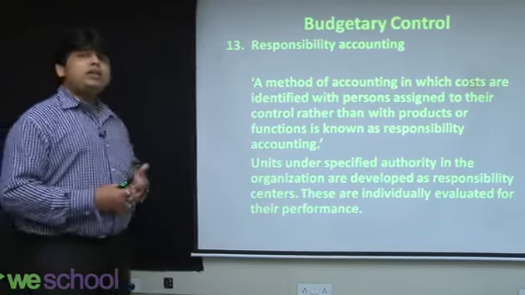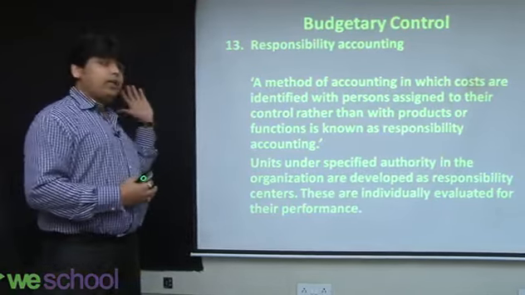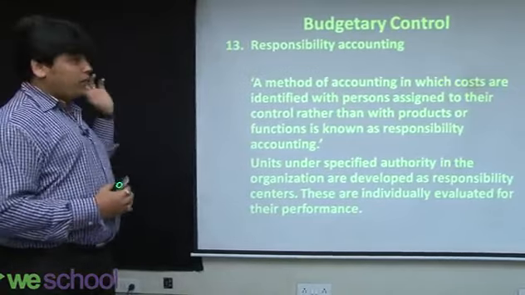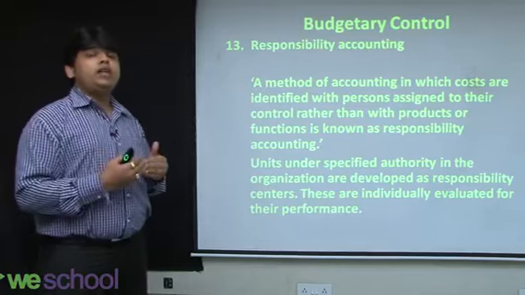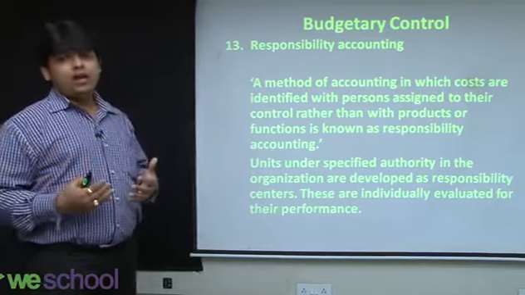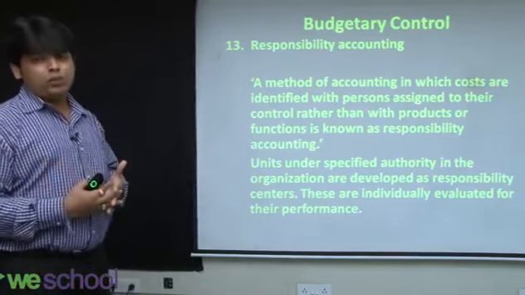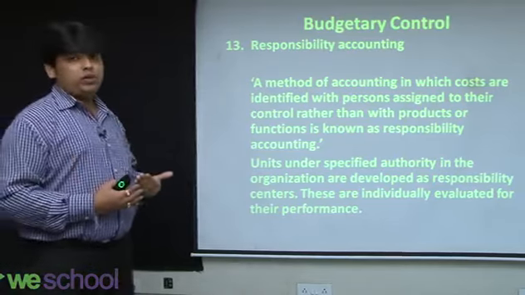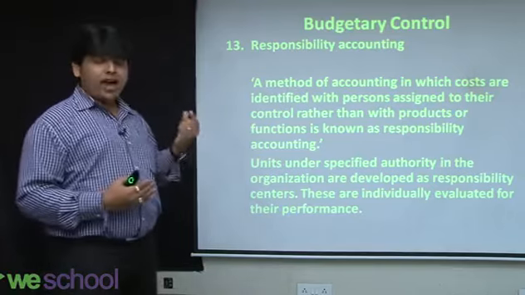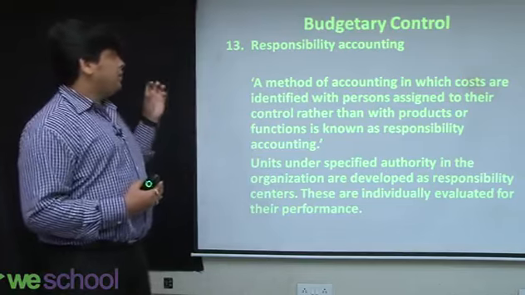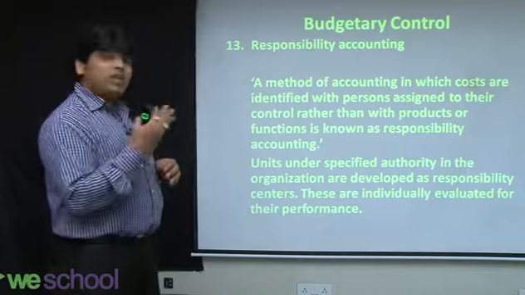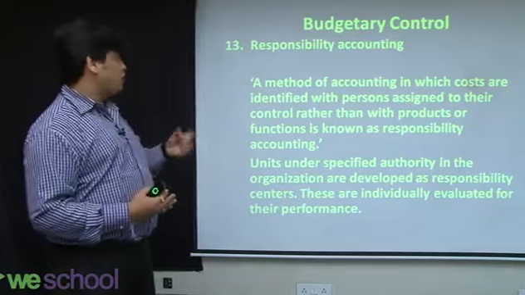Then responsibility accounting. After making the performance budget, on that basis we will make responsibility accounting, to know how much the various departmental heads have succeeded in performing the responsibility given to them. It is a method of accounting in which costs are identified with the person assigned to their control rather than with products or function.